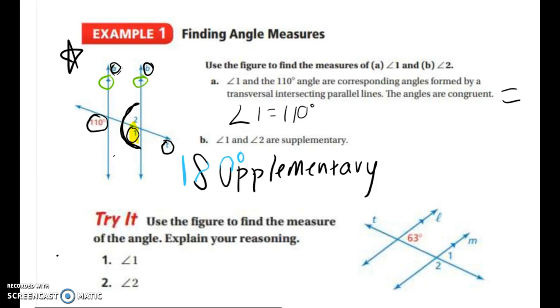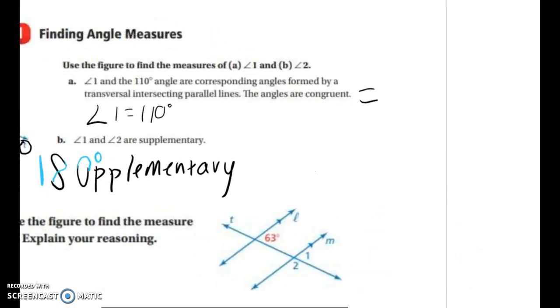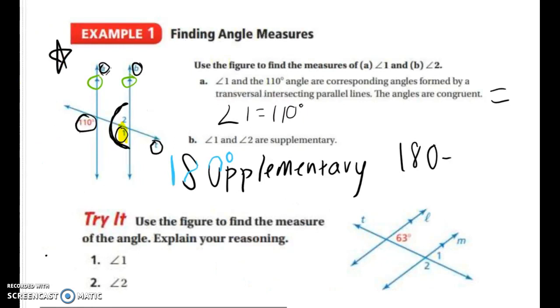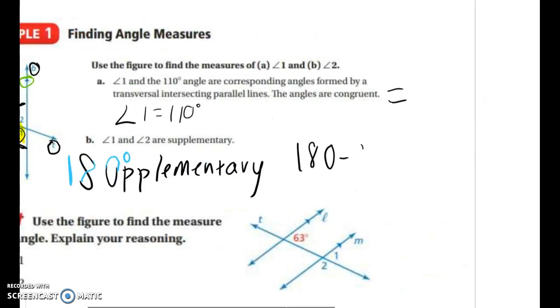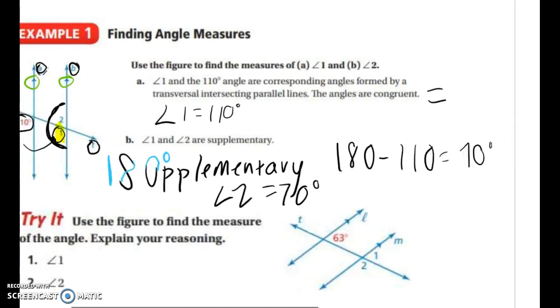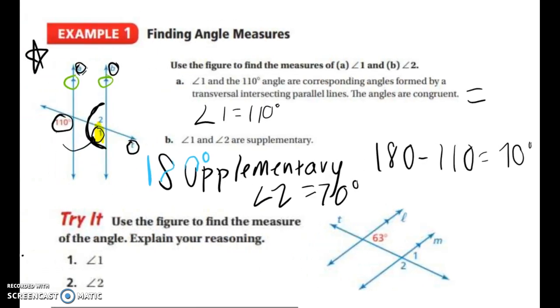Now we're going to find the measure of angle 2. The measure of angle 2 is 180 minus what we know, and we know that angle 1 is equal to 110 degrees. So we have 180 minus 110, which equals 70 degrees. So angle 2 equals 70 degrees. Just by knowing one angle measurement, we're able to find out other measures on that figure.